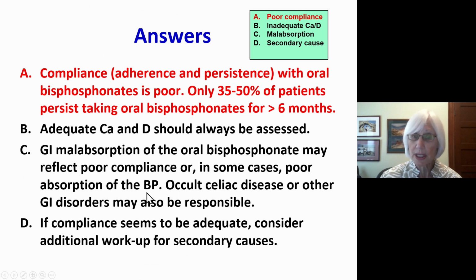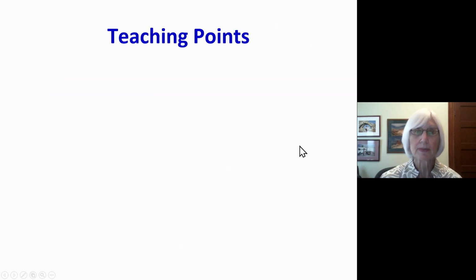So this can also be the case, but compliance is number one. If you really ask the patient how often is she missing doses, how does she take the weekly oral bisphosphonate, and really the compliance seems to be good, then absolutely you should do an additional workup for secondary causes.